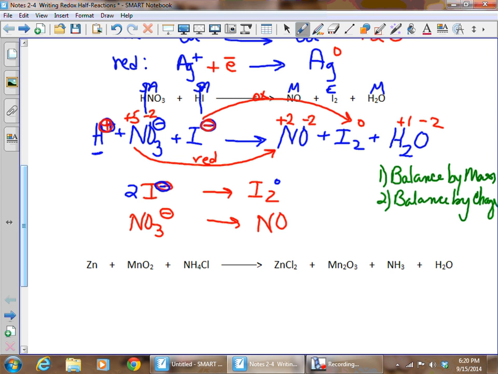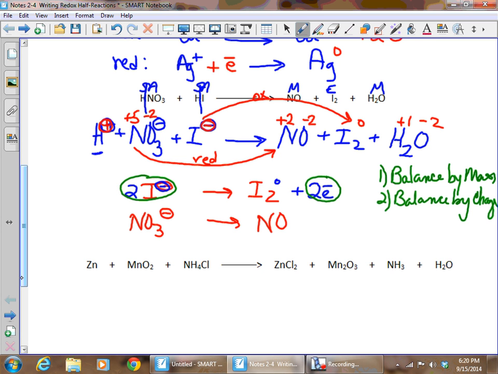That is a -1 to 0, a 1 electron change, but it happens 2 times. So this is actually going to be 2 electrons involved, because look at what your charge is going to be. I'm doing this in green because I don't want you to put this on your final answer, but look at your charge. You've got 2 negative here and 2 negative here. You've got to make sure that those charges balance.